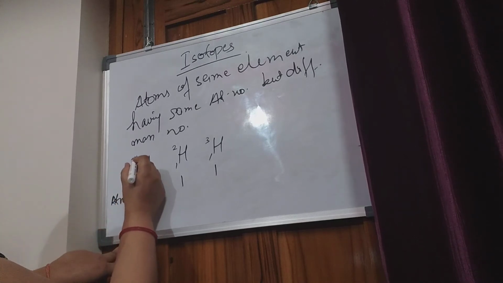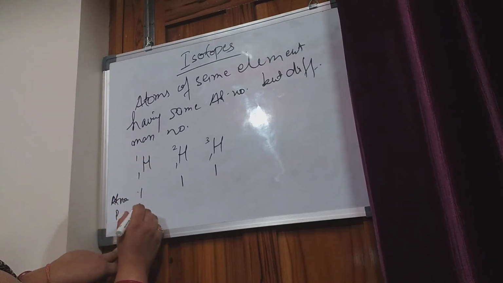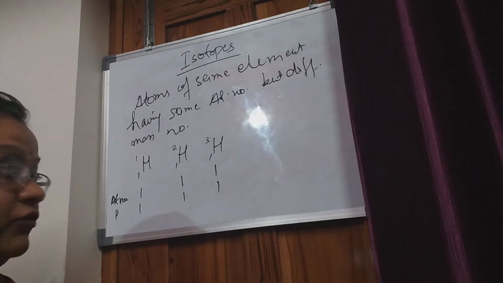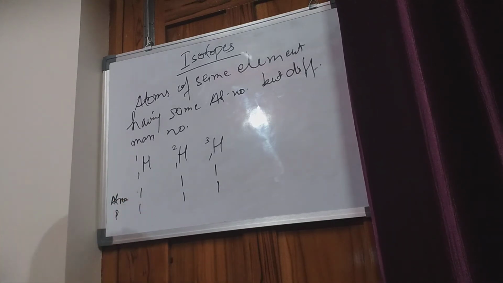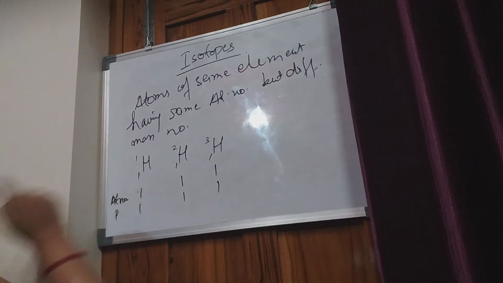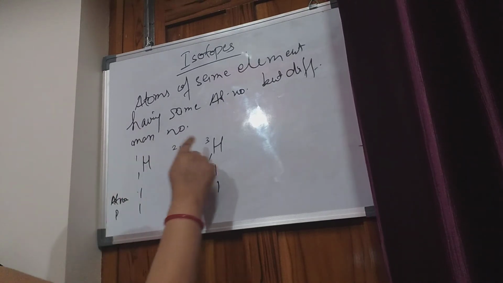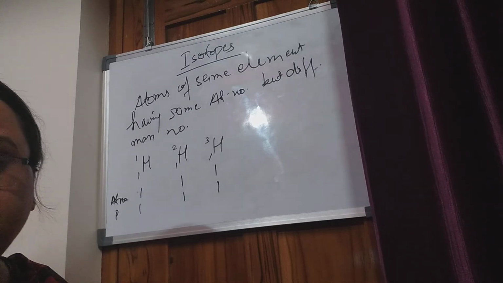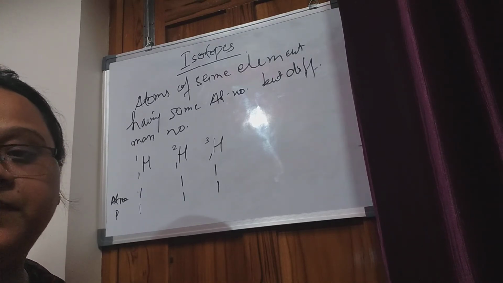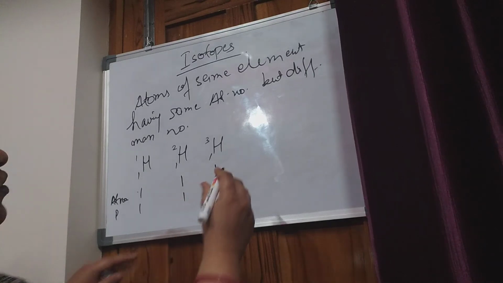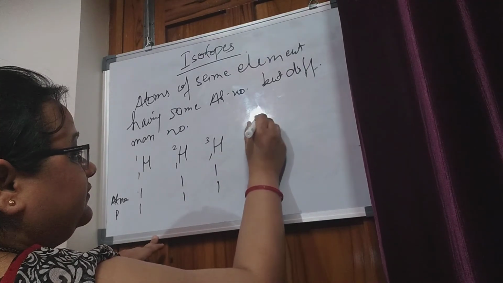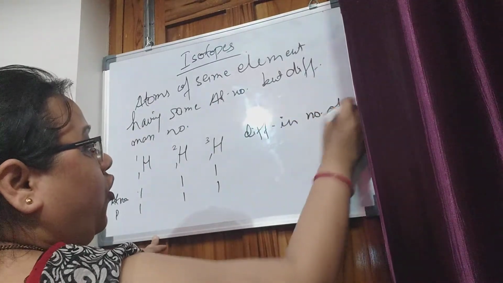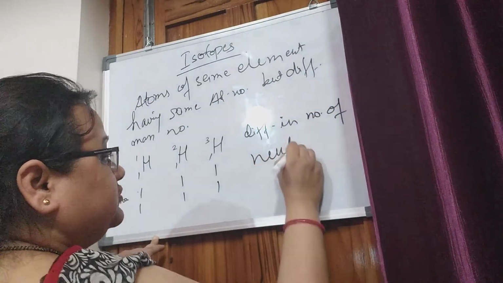The number of protons here is also 1. If the proton number is 1, the atomic number is also 1. See, the mass of this hydrogen is 1, the mass of this hydrogen is 2, and the mass of this hydrogen is 3. It means the difference in the atomic mass of an atom is because of the difference in the number of neutrons.